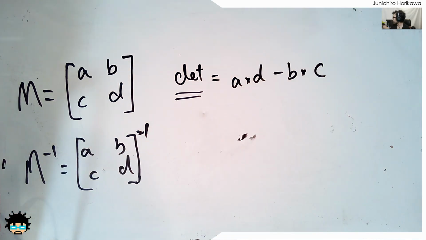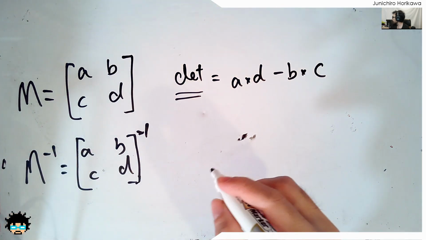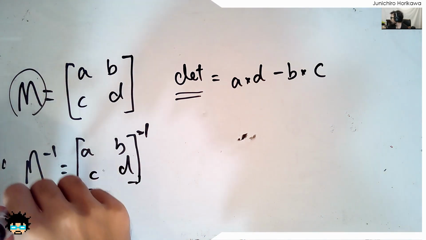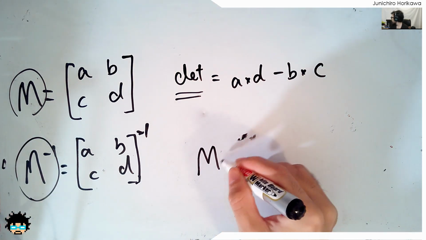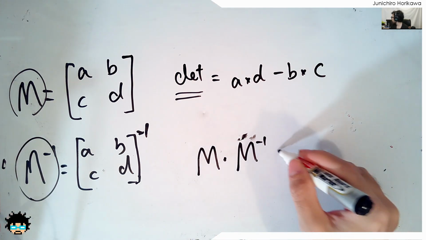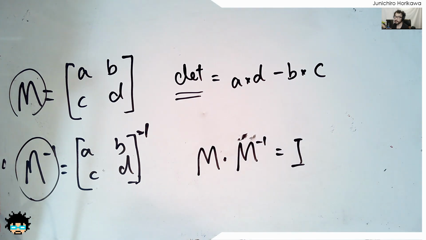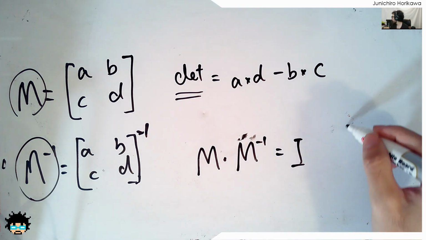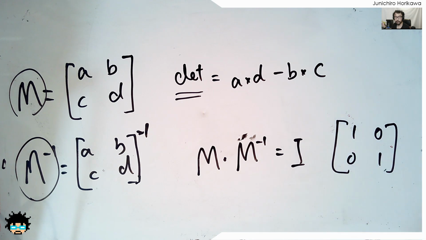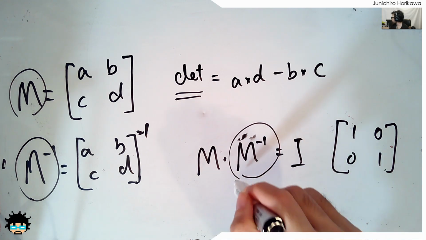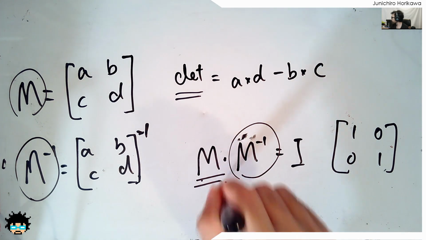And what this inverse matrix does is that when you multiply this matrix together with the inverse matrix of the original, like this, you get an identity matrix, which we have seen, which looks like this. So this is how the inverse matrix works together with the original matrix.